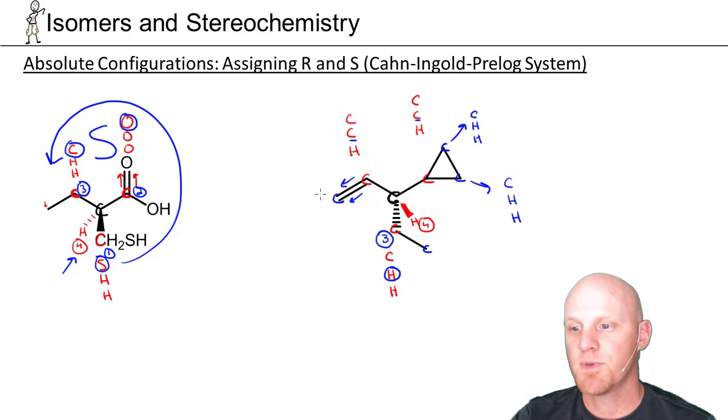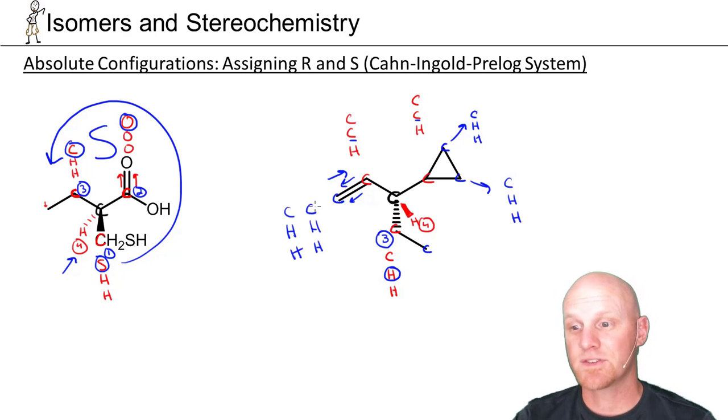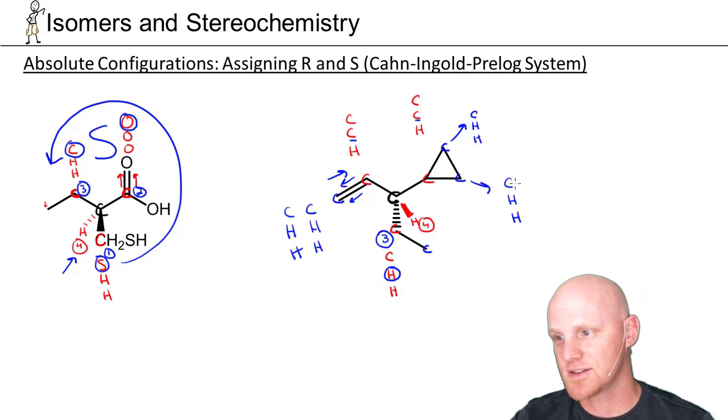For this one, it's bonded to 2 H's, but it doesn't have a third bond. So what you end up doing is counting one of them back to that previous carbon when you have a double bond like this. So we're still going to rank it as C, H, H. In this case, it's the same carbon twice, so we actually count it twice, C, H, H, again with the double bond. So in this case, we still have a tie, CHH, CHH versus CHH, CHH.